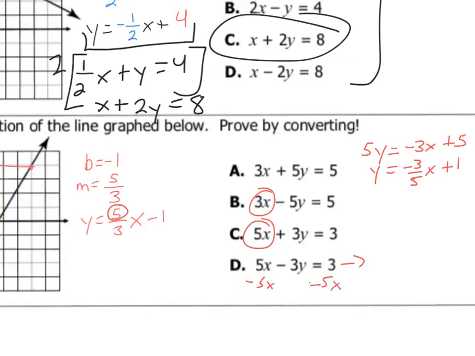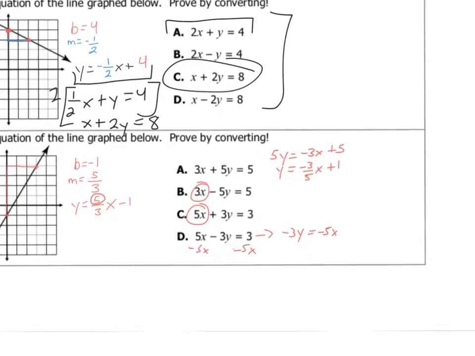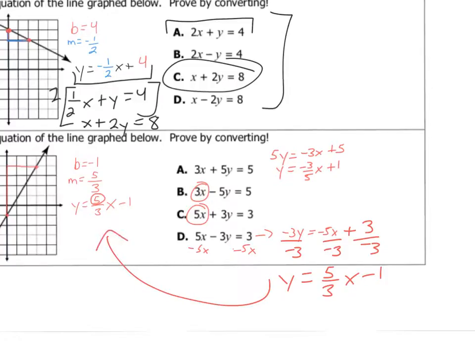And that would give you negative 3y equals negative 5x plus 3. Then we divide everything by negative 3, and we have two negatives there. That's negative 5 divided by negative 3, so that's going to give you y equals 5/3 x, and then 3 divided by negative 3 is minus 1, which matches, so D is your choice.